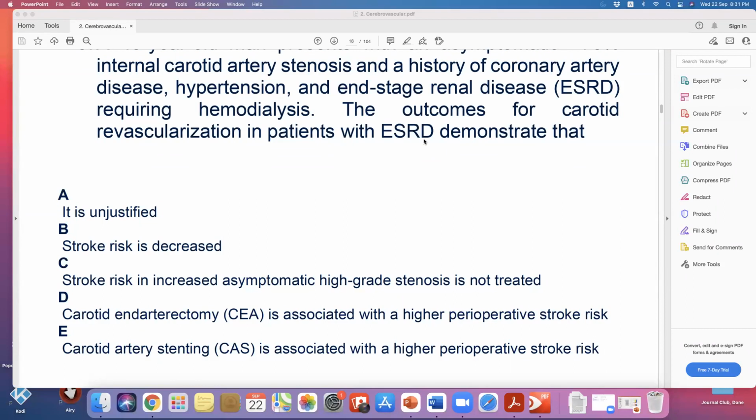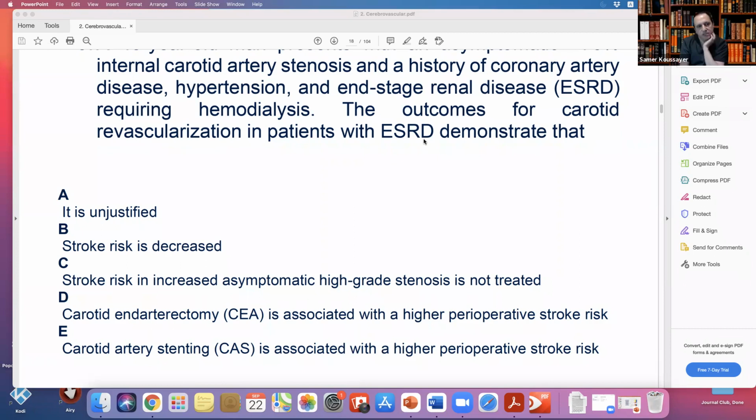No, it's wrong. Stroke risk is decreased? I don't think so. Stroke risk is increased in asymptomatic high-grade stenosis if not treated.